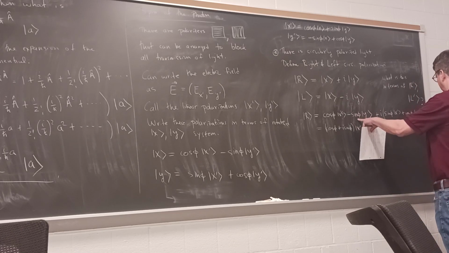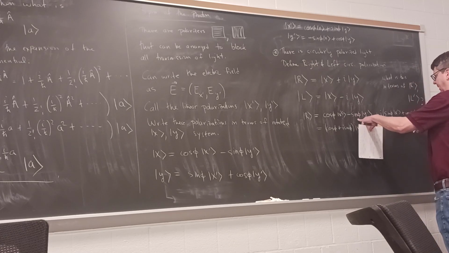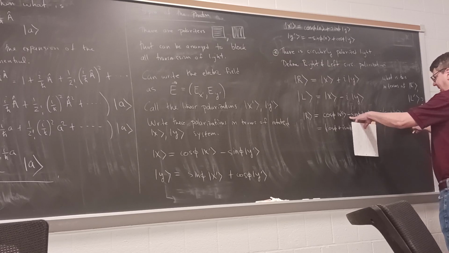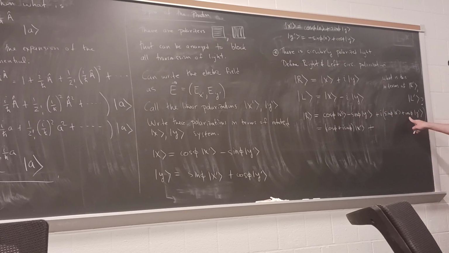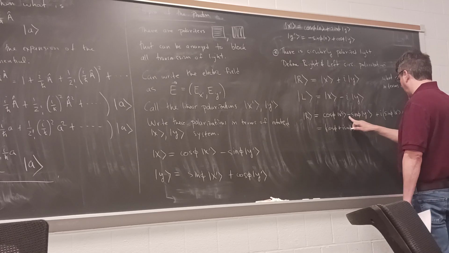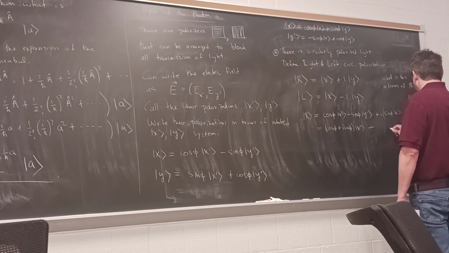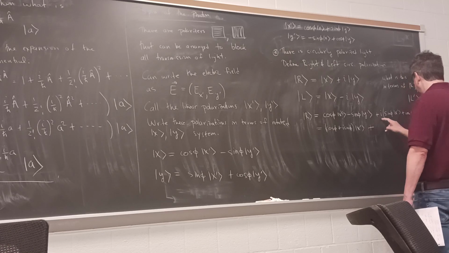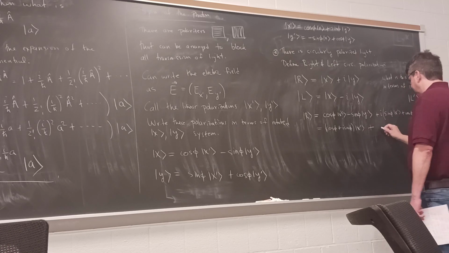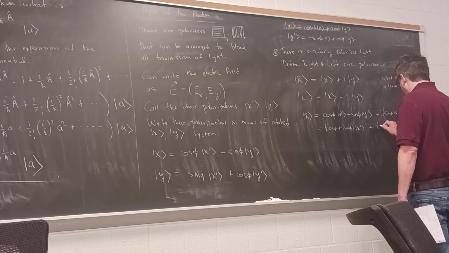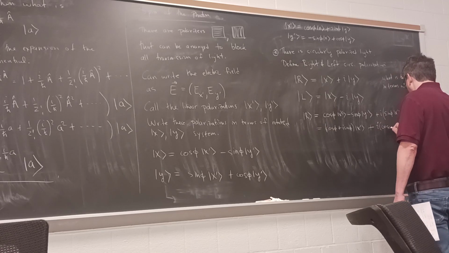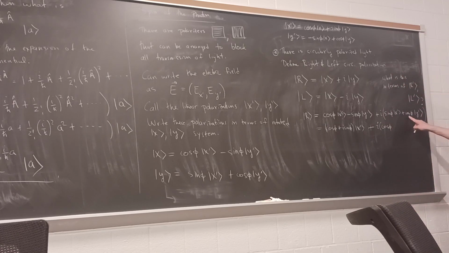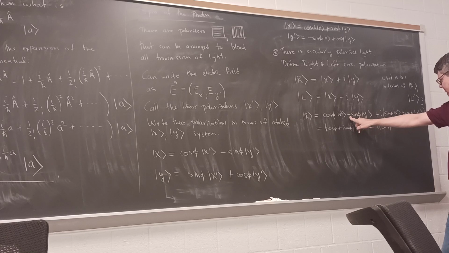I've got an i cosine phi, and then I've got a minus sine phi. So I can write this minus as two i's, so I can write this as i times cosine phi, and then minus is i squared.